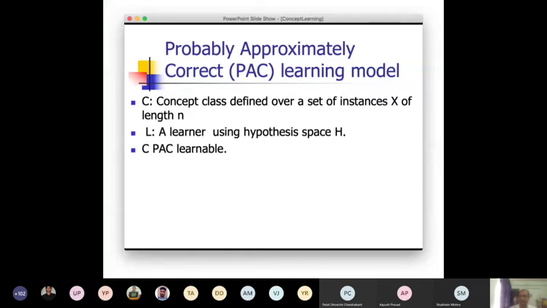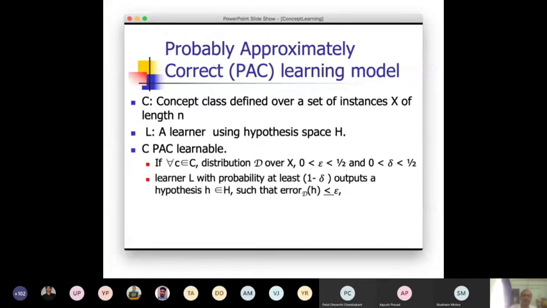This is the characterization: for every target function in C, there exist two bounds, epsilon within the interval 0 to half, and delta 0 to half, such that the error of h is less than or equal to epsilon.